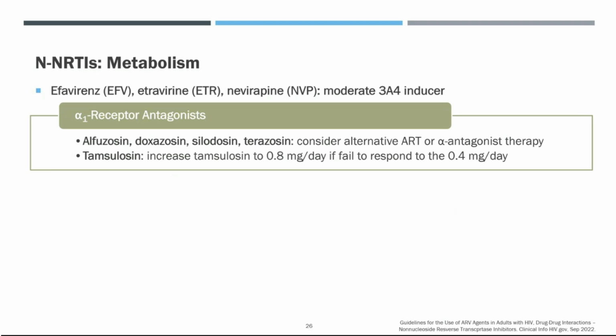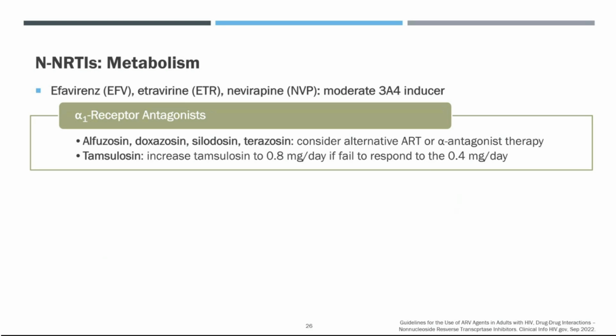But for efavirenz, etravirine, and nevirapine, we already talked about how they serve as CYP3A4 inducers. So these ART medications are going to cause reduced efficacy of other medications. A common example is the alpha-1 receptor antagonists. A lot of patients, especially within the veteran populations, will be on alfuzosin, doxazosin, or terazosin.